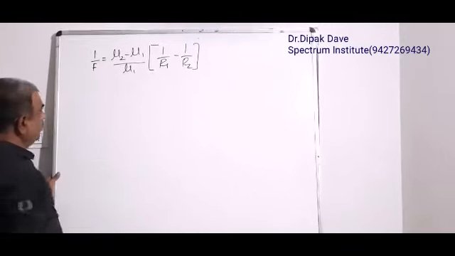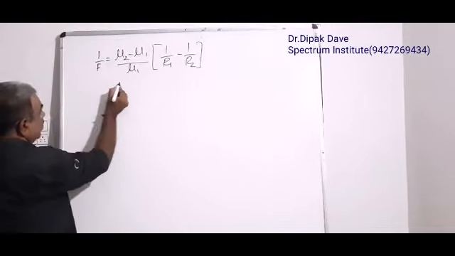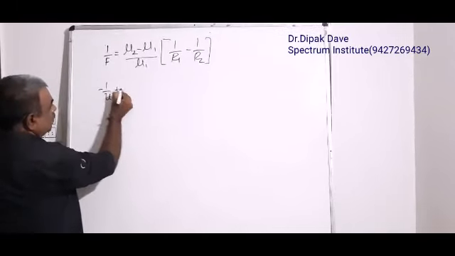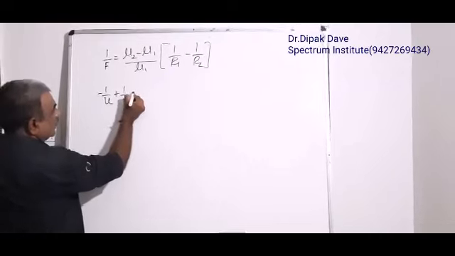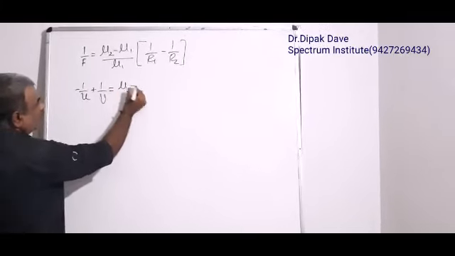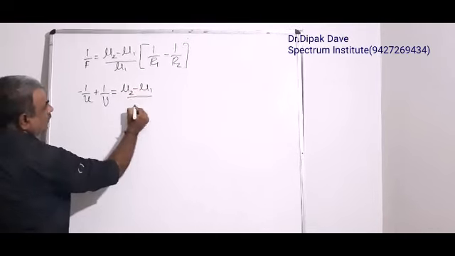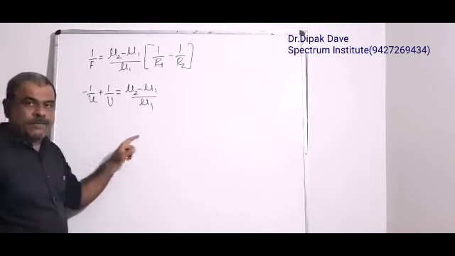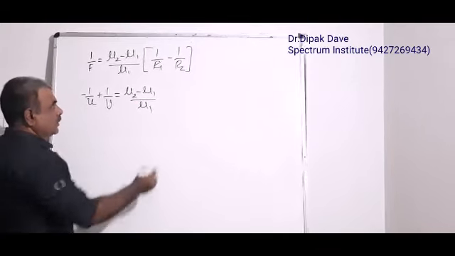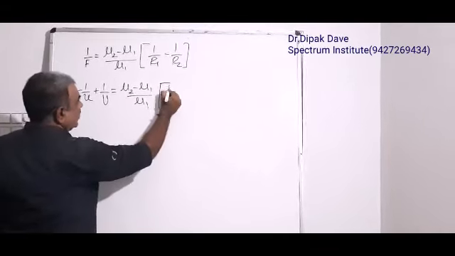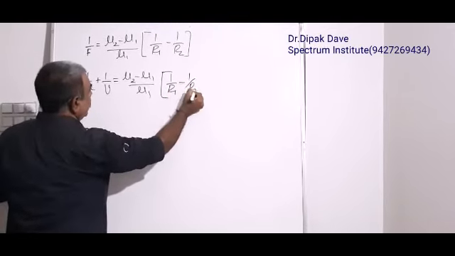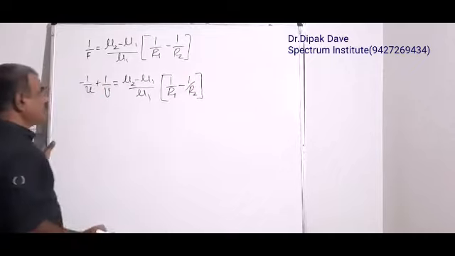At the same time, minus 1 by u plus 1 by v is also equal to mu2 minus mu1 by mu1, if you remember, this was the second last step of our derivation, inside the bracket 1 by r1 minus 1 by r2.